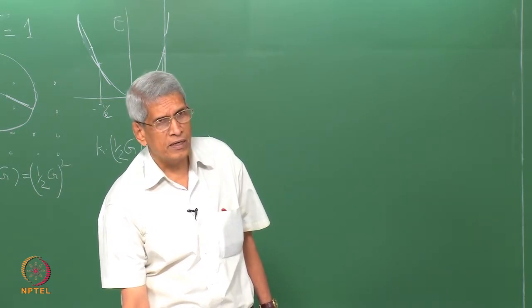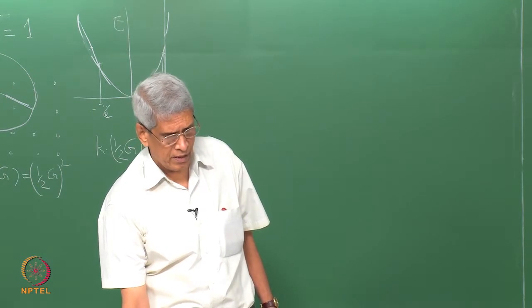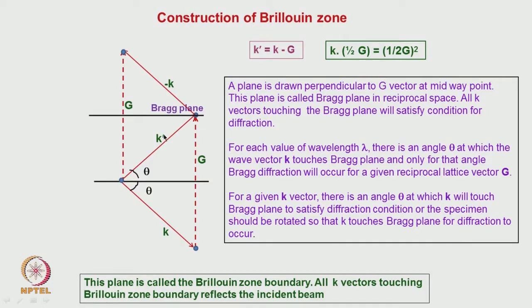If you consider a plane and half of g, the vector you can draw anywhere. The vector is from the origin, we normally define all the vectors from the origin, but if you see this from this reciprocal lattice point, this vector touches this, or from the origin this k vector touches it.